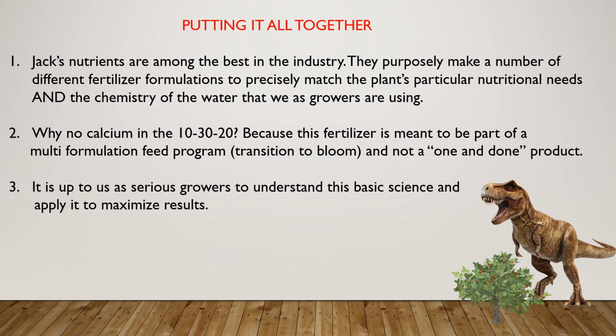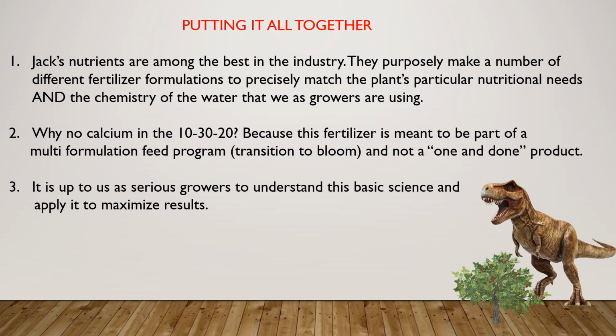So when we look at all of these choices, all of these combinations of water chemistry, what it really boils down to, if you're a serious grower and you're looking for maximal results, is that it's upon us to understand this basic and not really complex science that we've been talking about to help us maximize our results, whether it's in our tomato garden or growing our peppers or our flowers on our deck or our high value commercial operations.